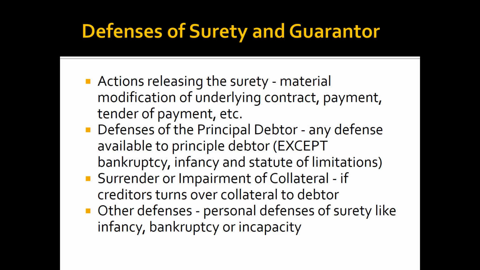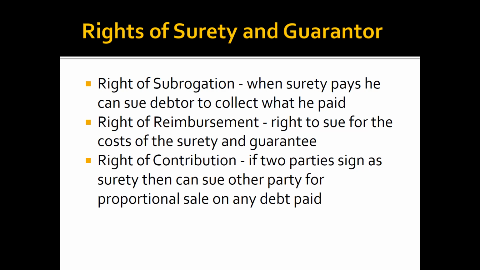Some defenses, like infancy, bankruptcy, incapacity, may be a defense for me. If I go bankrupt, that's not a defense to payment, but it is a defense if my son was to go bankrupt.